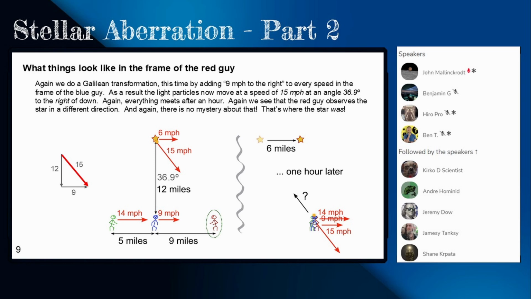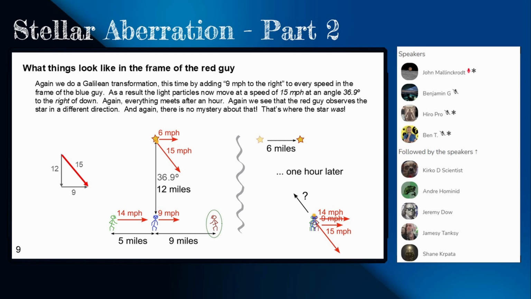The green guy's moving 14 miles per hour, has to travel 14 miles to get to the red guy. The blue guy is traveling at 9 miles per hour and has to travel 9 miles to get to the red guy. The star is 9 miles to the left and 12 miles high, according to the red guy. 12 squared plus 9 squared is 15 squared.